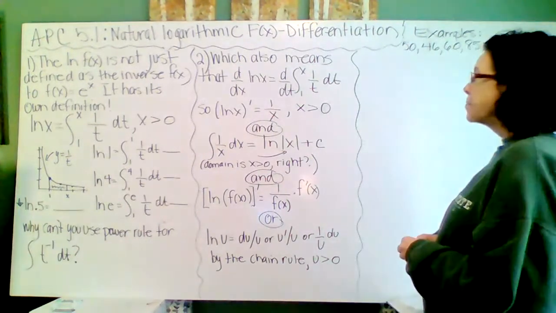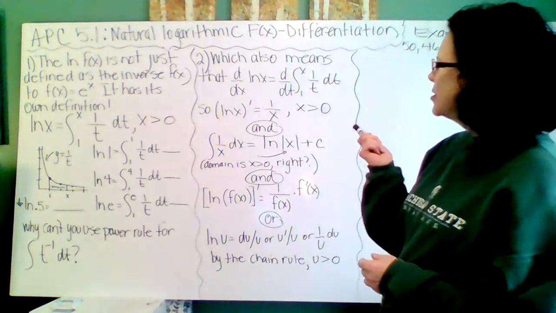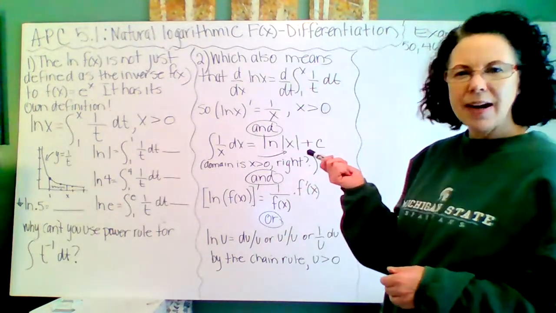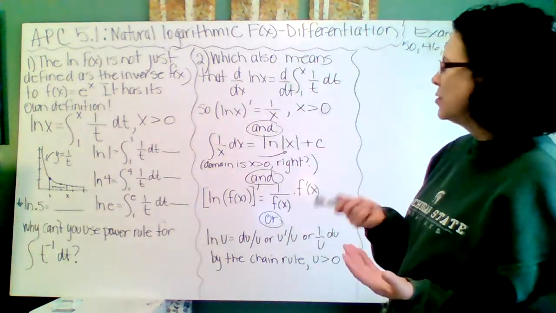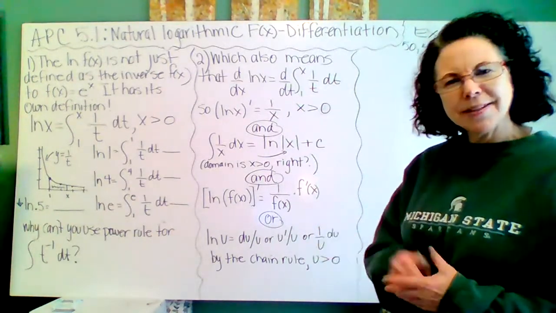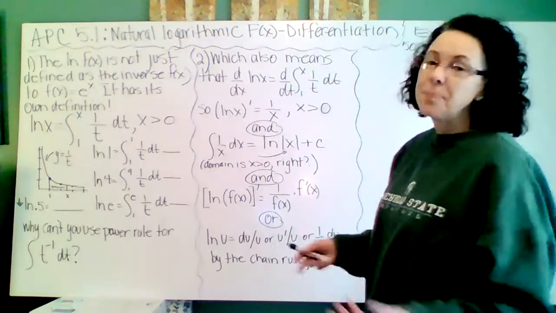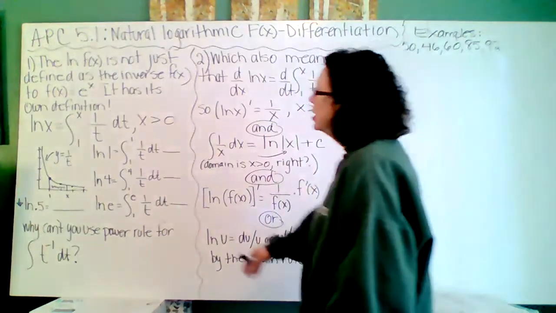Now, you may also wonder how we can start with the natural log function in 5.1. Isn't the natural log function the inverse of a base of e? And don't we start with a base of e? Actually, no. I think this is very interesting, but I'm a calculus teacher.